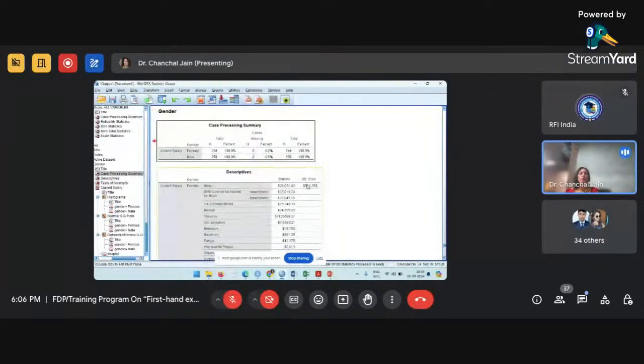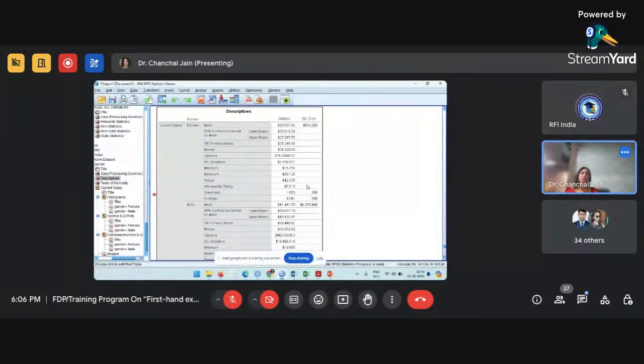Table number 2 is for the descriptive statistics. In this table, for current salary, we are getting all the statistics for male and female individually. If I talk about female, the mean salary for the female is 26,031.92, right?